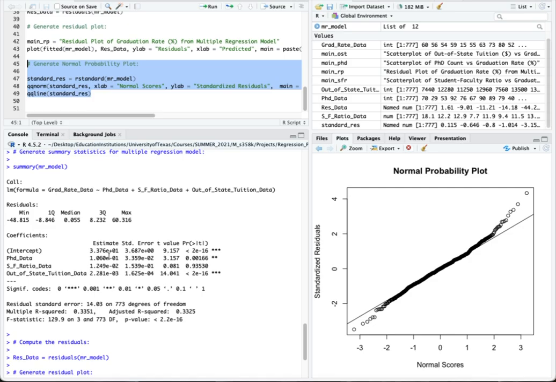Now, if we shift our focus to the individual coefficients, we can see that the p-values for the PhD count and the out-of-state tuition are very small, giving us evidence to reject the null hypothesis for these coefficients and conclude that these two predictors make a very useful contribution to the model, while the student-faculty ratio does not. Now, the percentage of variability of the response variable is explained by the R-squared value. The R-squared value of the model is 33.5%, meaning that 33.5% of the variation in the graduation rate is accounted for by the predictors in the regression model.